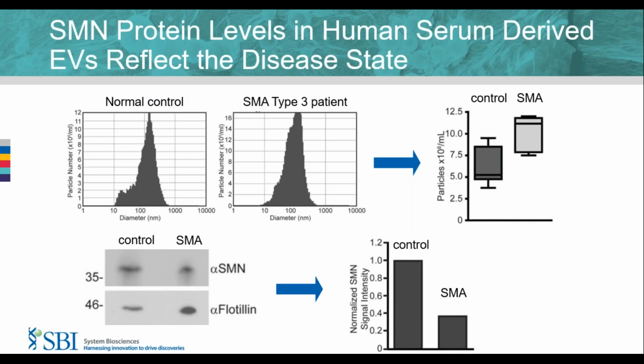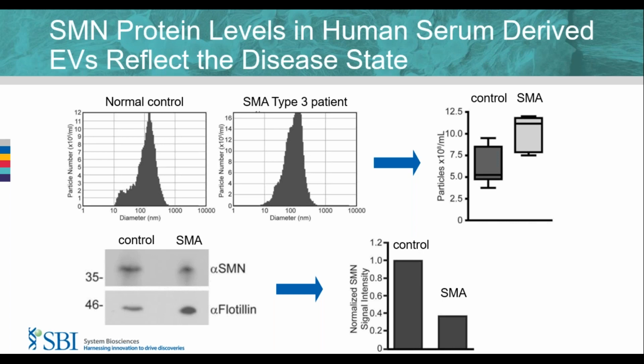They also went on and actually quantified exosome production in both the mouse model and in cell lines, and they could see a correlation with an increased number of exosomes being produced in disease states, but a lesser amount of the SMN protein.